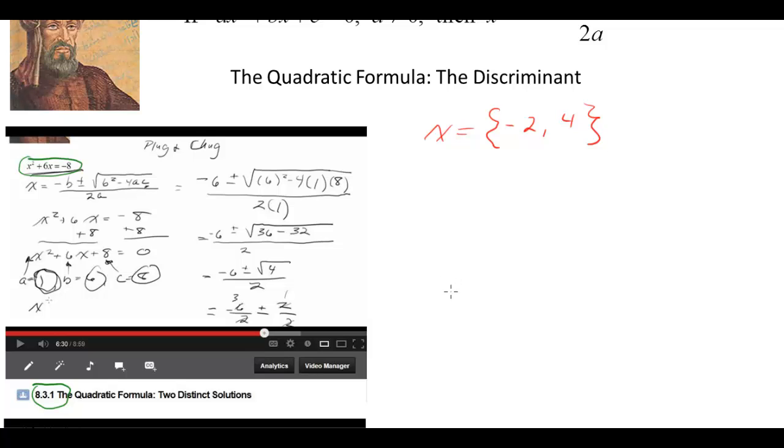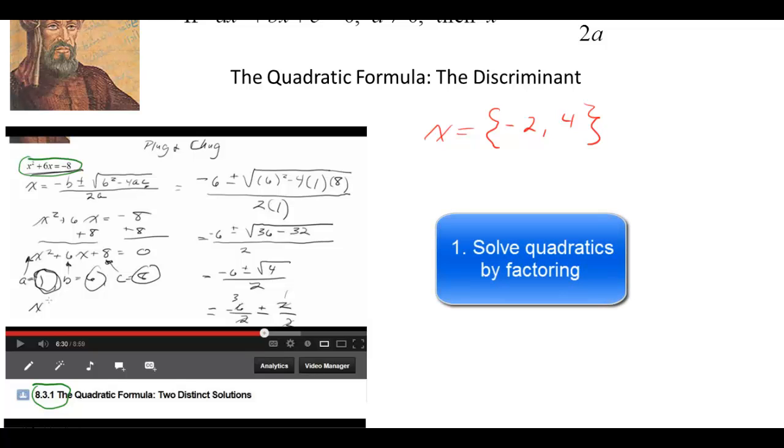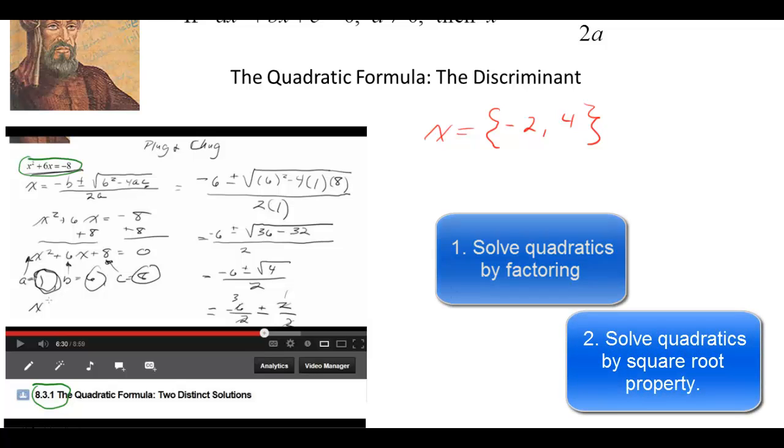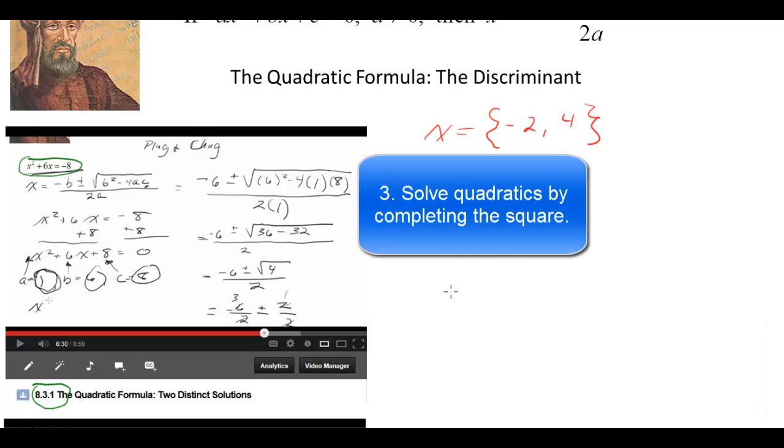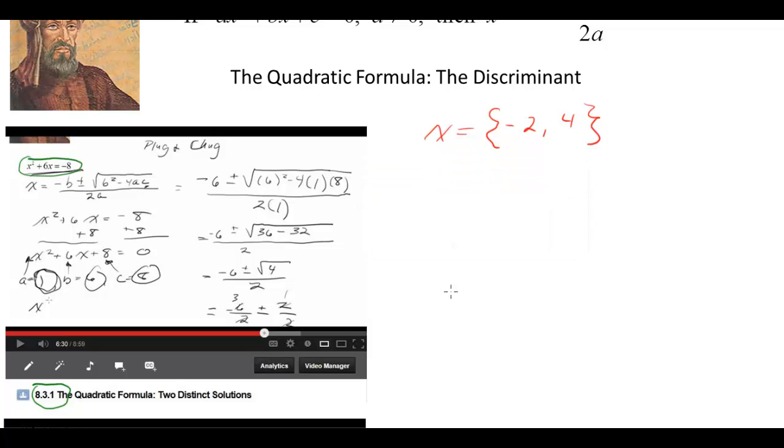We weren't too surprised at the time when we got two solutions, because when we solved quadratics in the past by factoring, we usually got two solutions. When we solved quadratics using the square root property, we usually got two solutions. And when we used the completing the square method, we usually got two solutions.